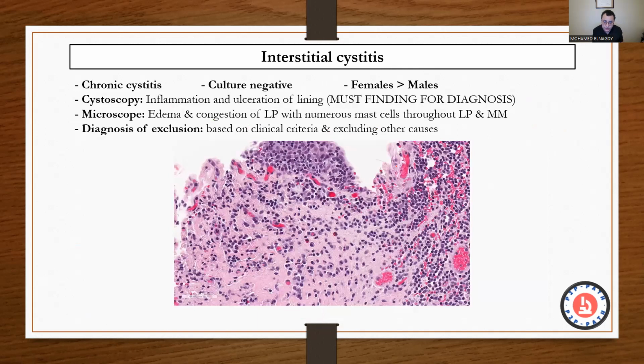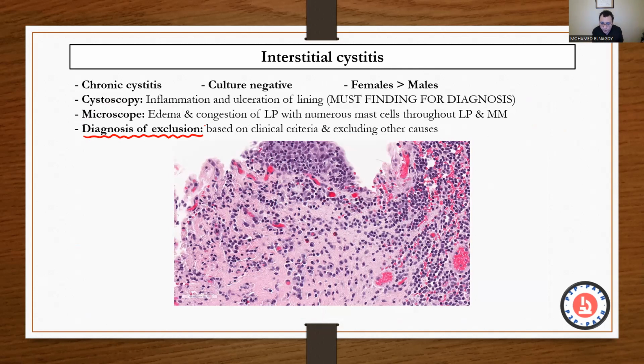That's eosinophilic cystitis. Another type of cystitis, which is also asked in the questions, is interstitial cystitis. Interstitial cystitis is something we always say is a diagnosis of exclusion. Why do we say that?